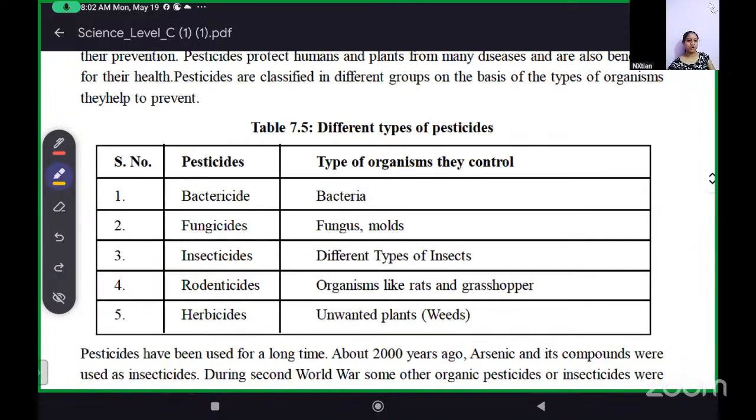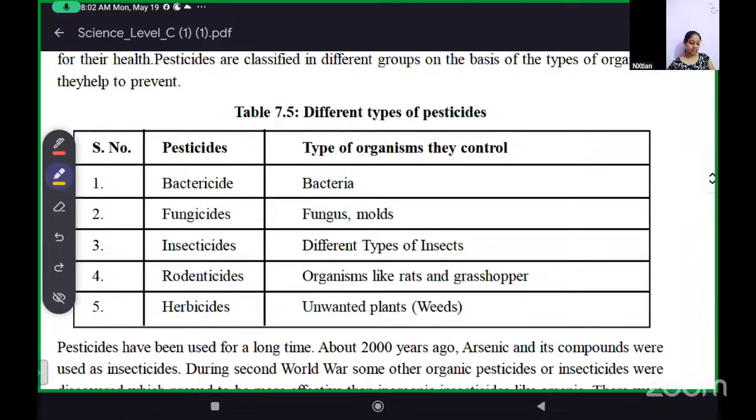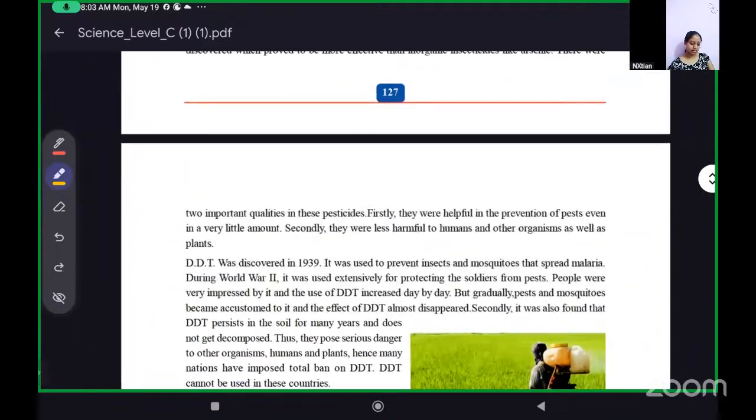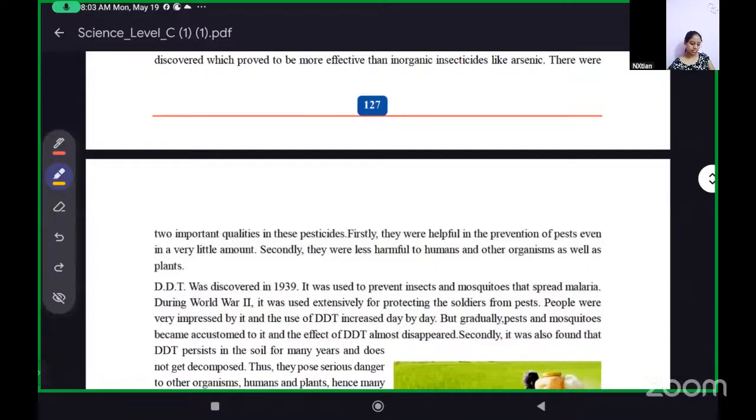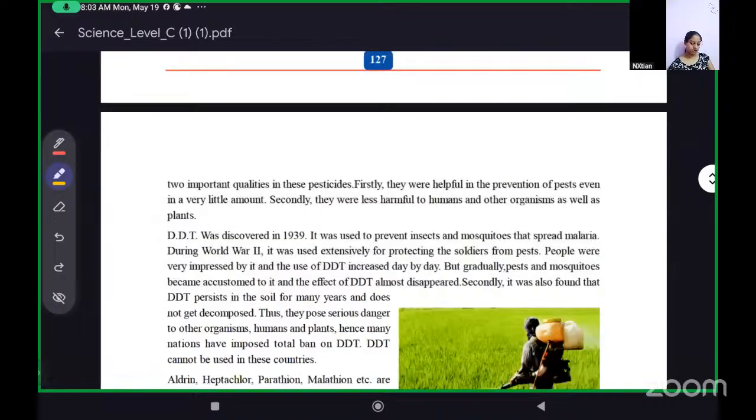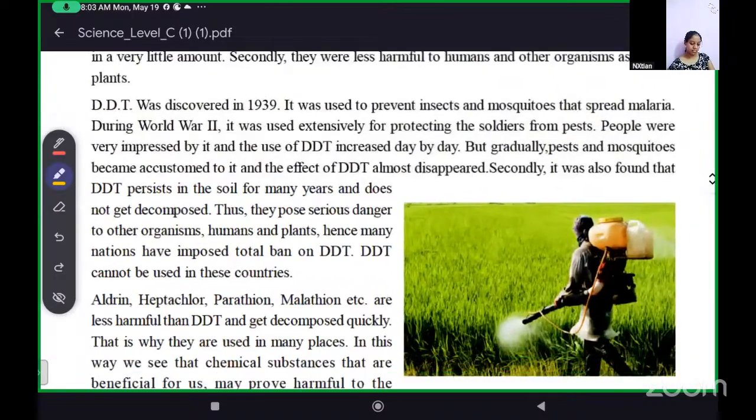Ma'am, I have a question about the sentence: pesticides protect humans and plants from many diseases and can also be beneficial to their health. Ma'am, DDT is a pesticide, right, ma'am? Yes, Abraham, it's a pesticide. So, ma'am, DDT killed so many animals, they were affected by the plants, and the food chain was affected, and we still don't know what DDT can do to humans.